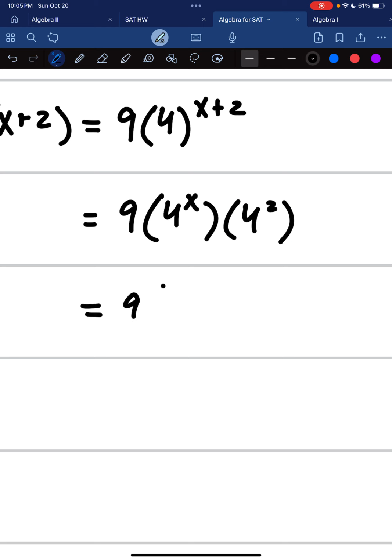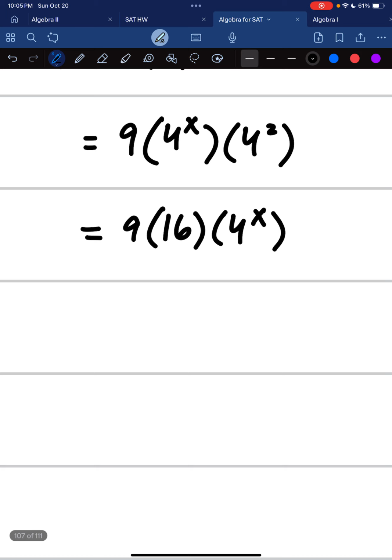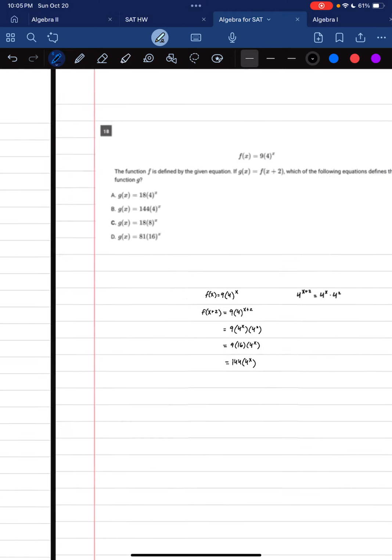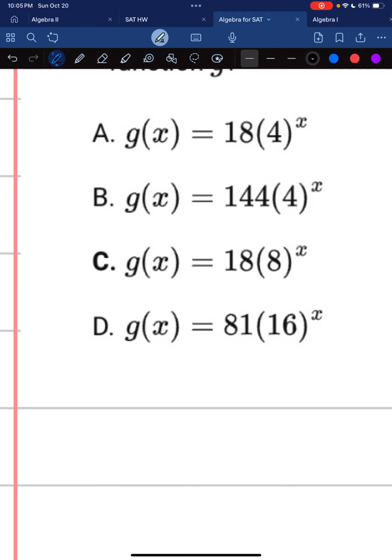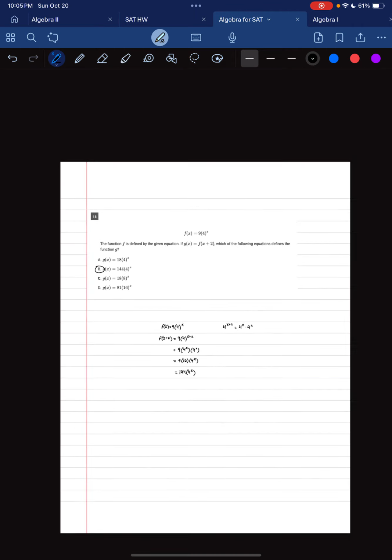So I get 9 times 16 times 4 to the power of x, and now 9 times 16 is going to be, let's see, 90 plus 54, which is 144 times 4 to the power of x. And that is one of the answer choices. So you can also use these properties in reverse.